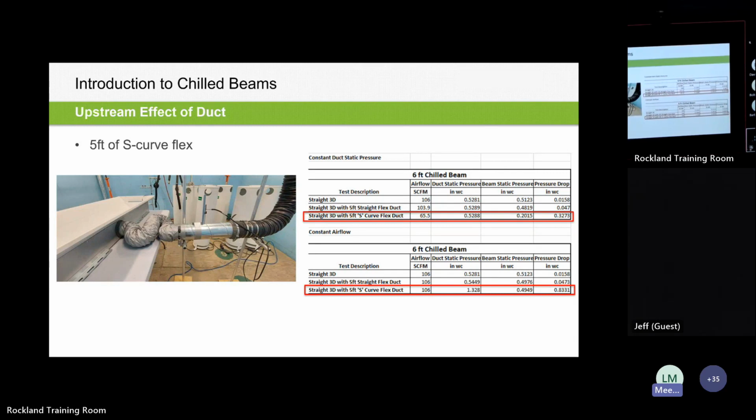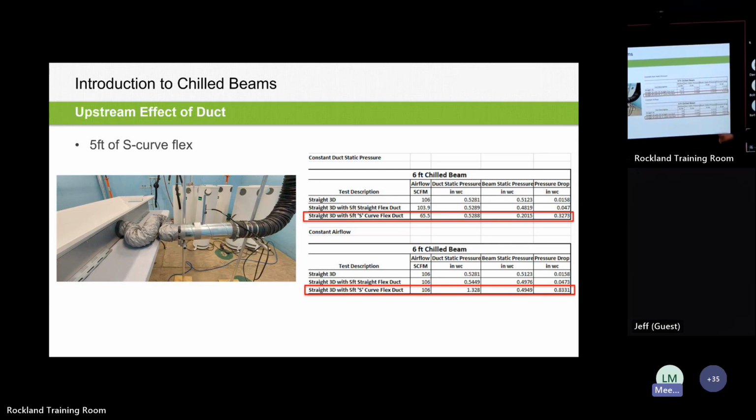And we really need that pressure within the beam to get the performance. So you can see here that the pressure drop just between those is 0.327 of added pressure drop just between those different conditions of the flex duct.